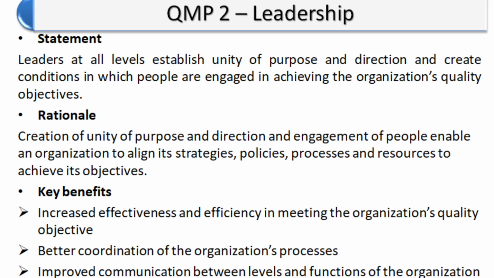And the objectives mean what? The objectives of the customer, you have to strive for their objectives. You have to take their objectives into your organization, and your organization's objectives are nothing but your customers' objectives. So there should be alignment of the policies, processes, and resources to satisfy their objectives.